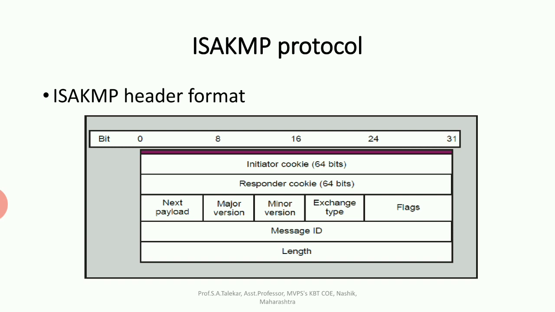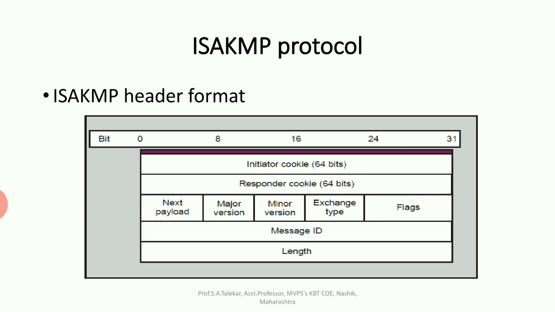Different fields in the ISAKMP header are shown in the figure. First, the initiator cookie. This 64-bit field contains the cookie of the entity that initiates the security association establishment or deletion. Responder cookie is also a 64-bit field which contains the cookie of the responding entity.